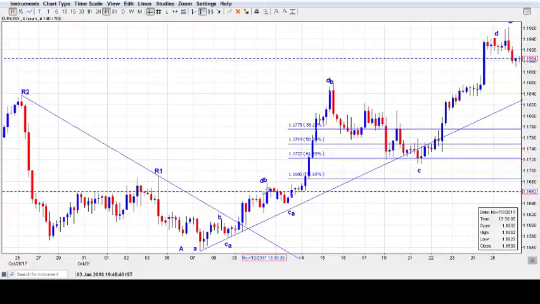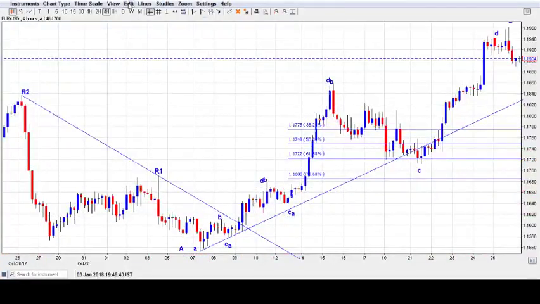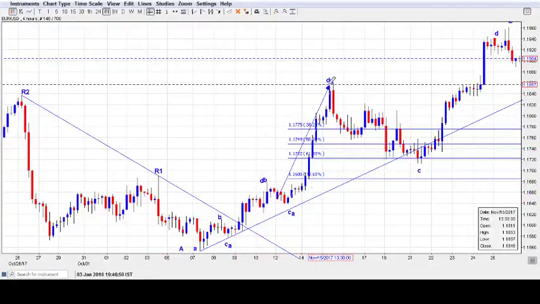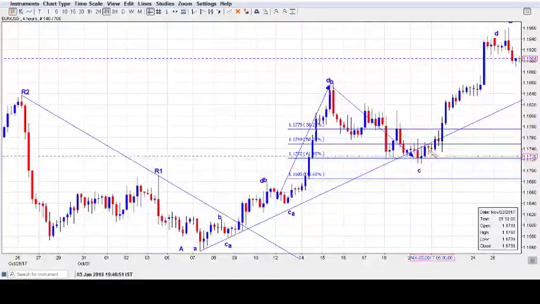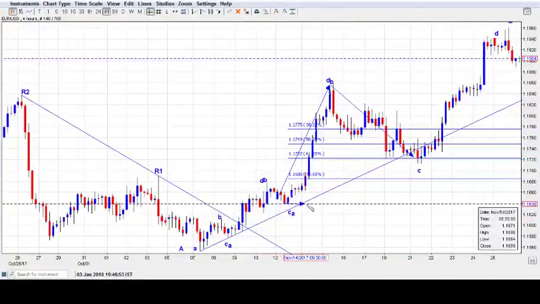But do you see ABC, a morning star which you could have bought, and your stop loss would have gone below 1.1640.